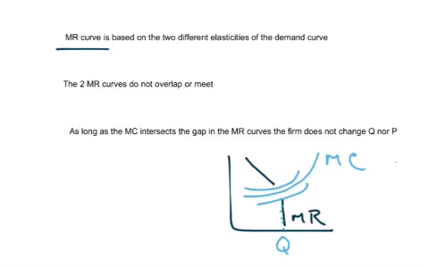And remember, to set the price, they would be going up to the demand curve. So the quantity is still set where marginal revenue and marginal cost intersect for profit maximization, and then the demand curve sets the price.